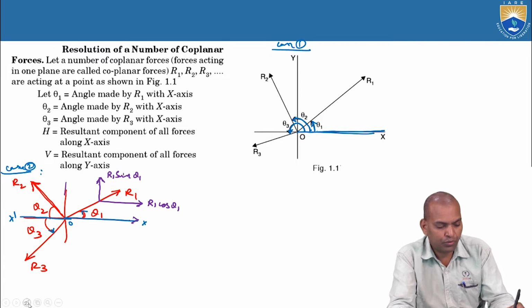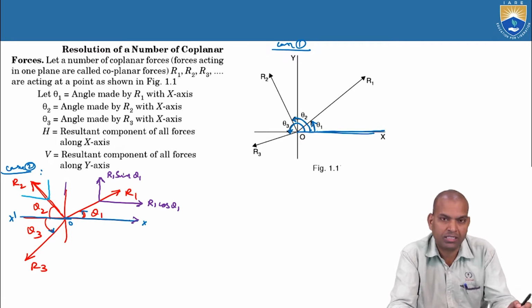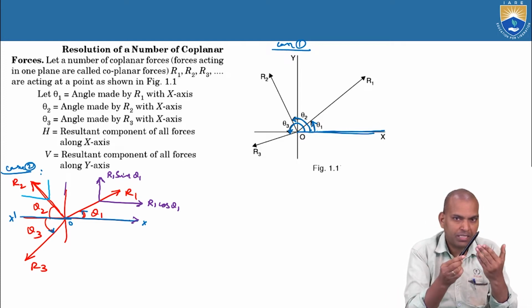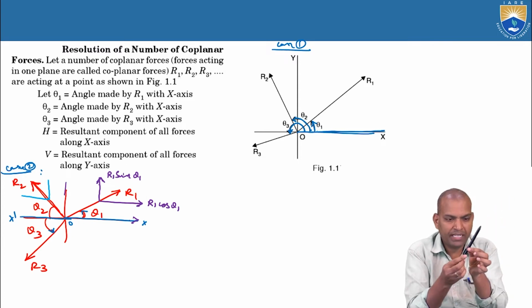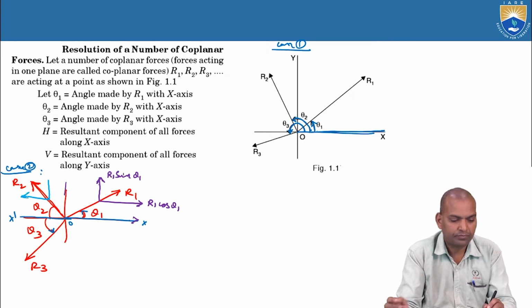Coming to the force R2, draw a parallel line to axis y and a parallel line to axis x. Now R2 is in this direction from my side. If you consider R2 in this direction, make it horizontal. Then in the OX dash direction, this is the horizontal component.